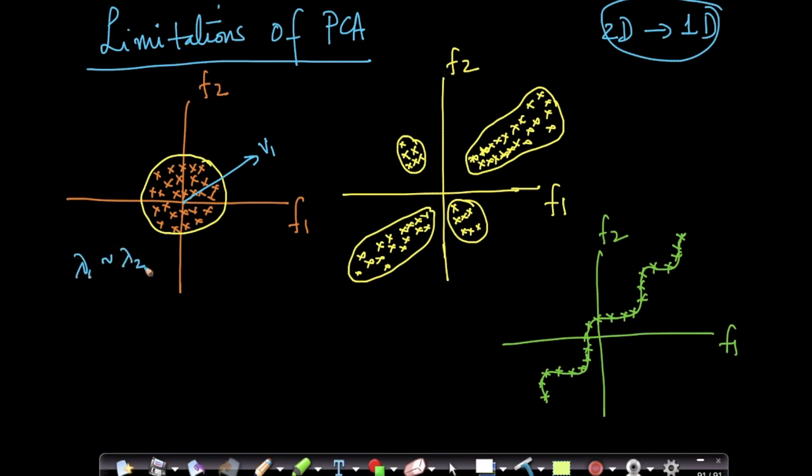They're going to be very, very close, which means if I project all of my points onto V1, the information or the spread lost is very high. So if I'm forced to convert the data from 2D to 1D, I'll have to lose a lot of interesting information that I'm throwing away, which is unfortunate.